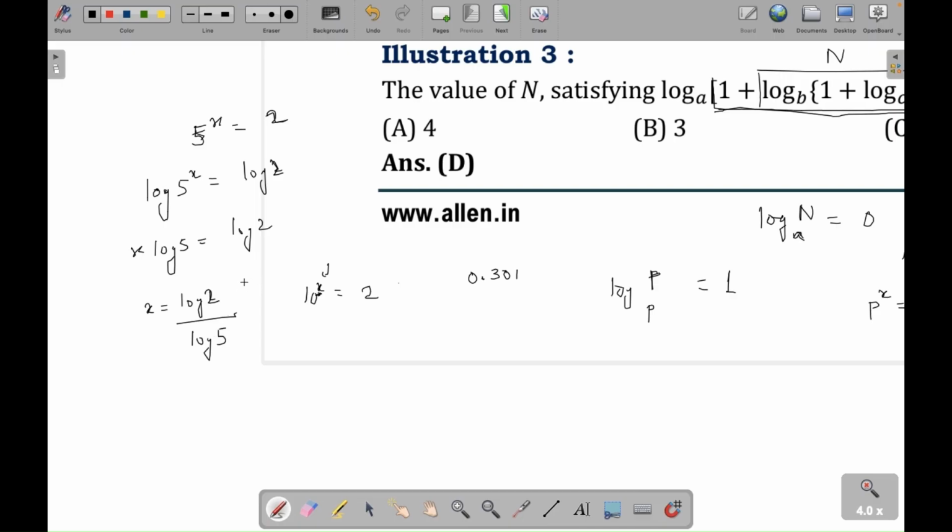Let me just search the value. Log 2, we already saw the value of log 2 was 0.301. Then we have log 5, it is 0.6989.